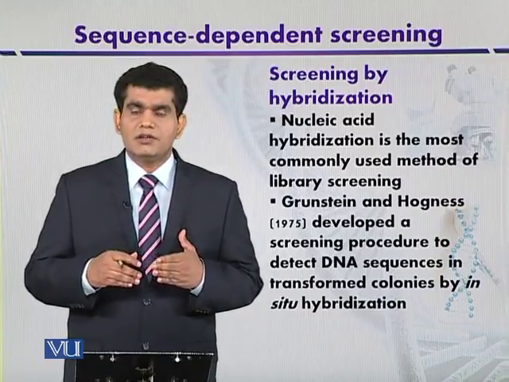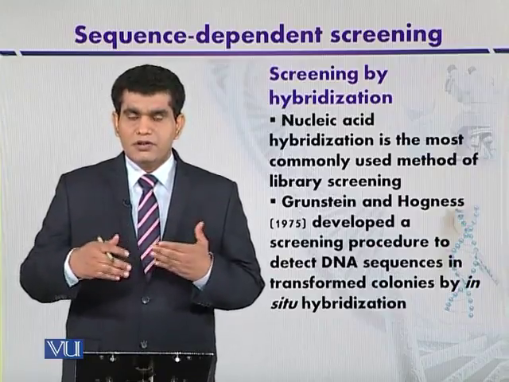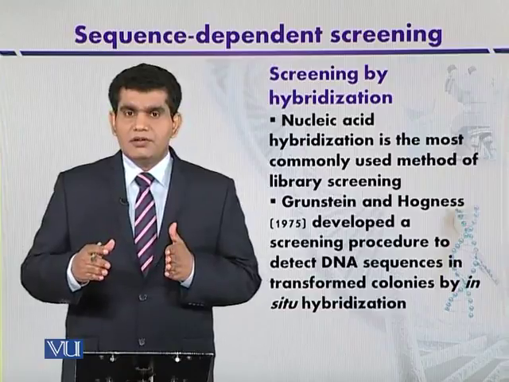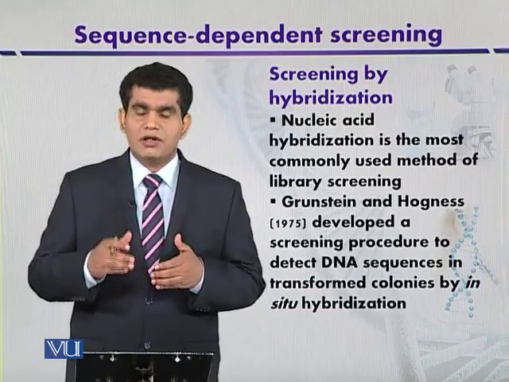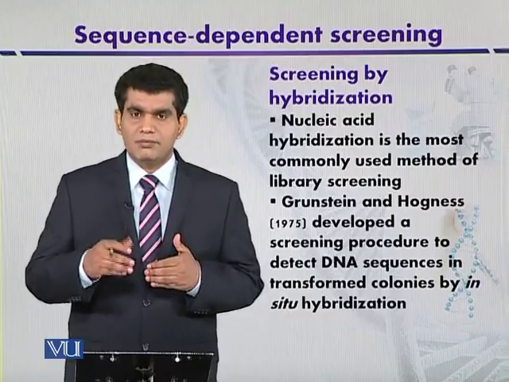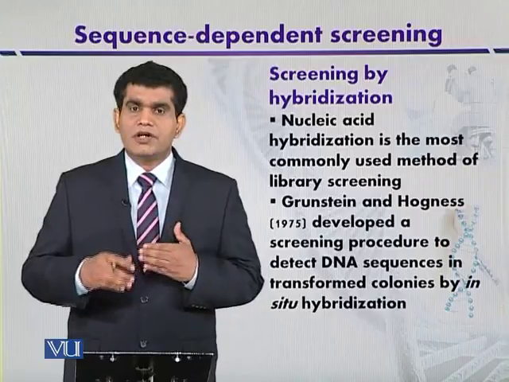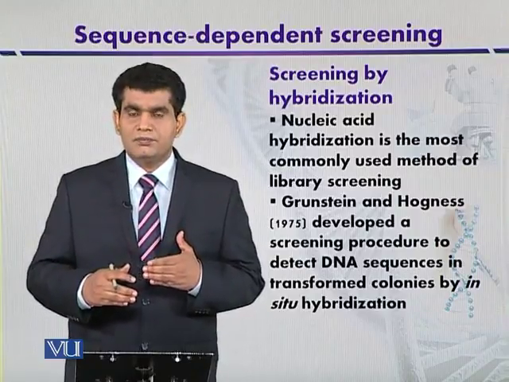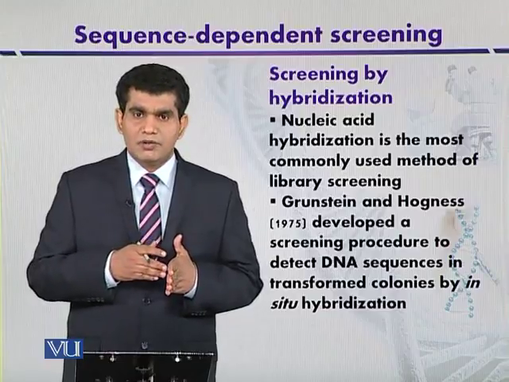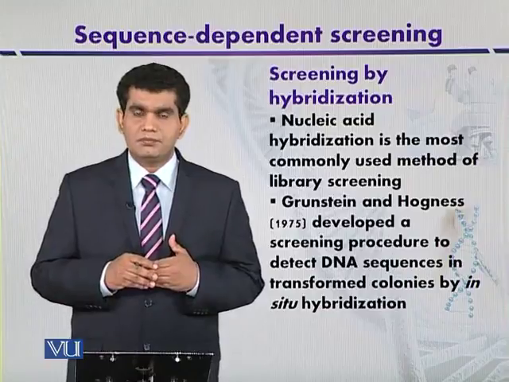And after that, the microbial colonies will appear. After the growth of microbial colonies, the colonies are transferred onto nitrocellulose membrane. In other words, we can say that transformant colonies are replica plated on nitrocellulose membrane, and the master plate is retained for comparison.